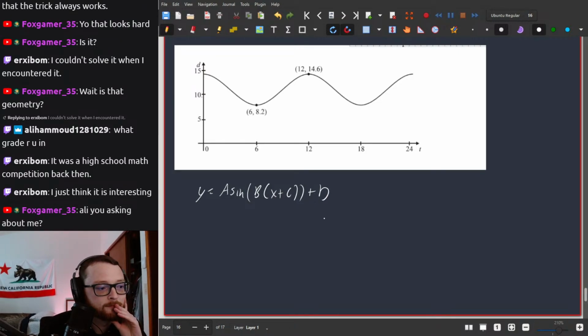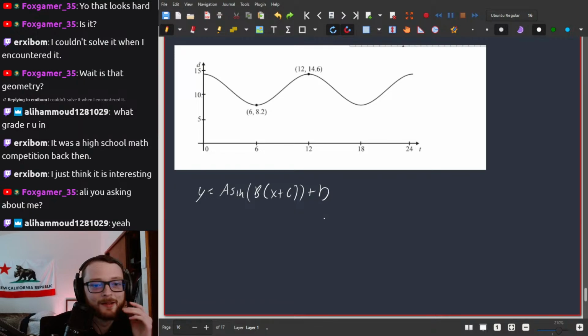And I should say these parentheses here are really important. It is a little bit different to get B and C if the parentheses aren't there. I think it's easier if they are there, so that's why I put them there. Just remember that those parentheses are important though.